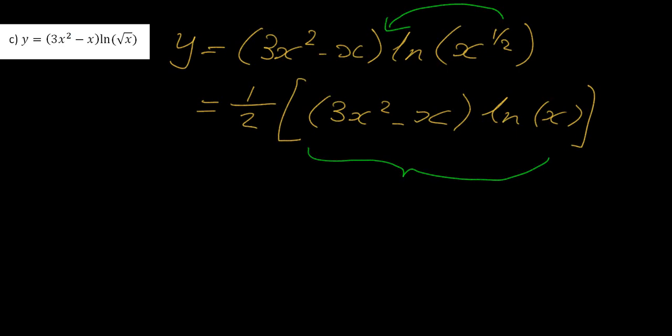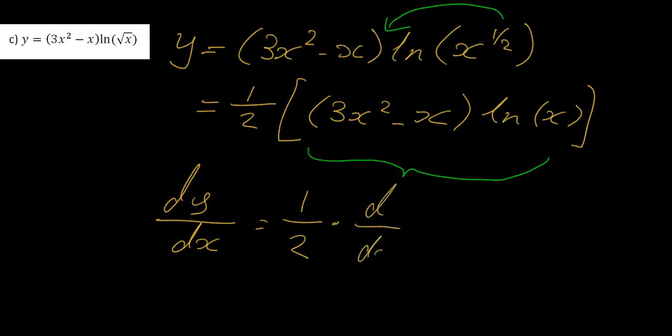When you want to find dy dx, we keep the half over here, it's just a coefficient, and we want to find the derivative of what we just highlighted in green.